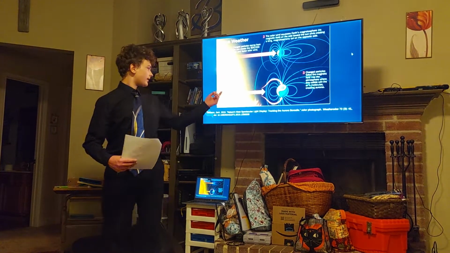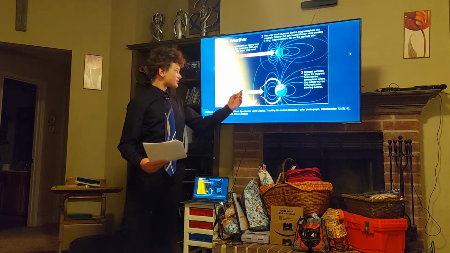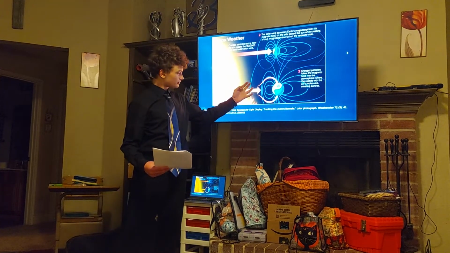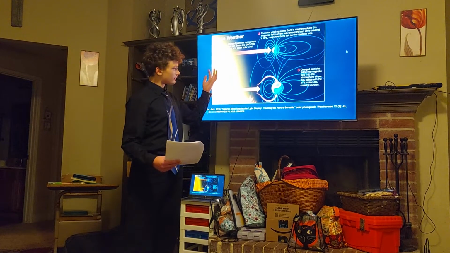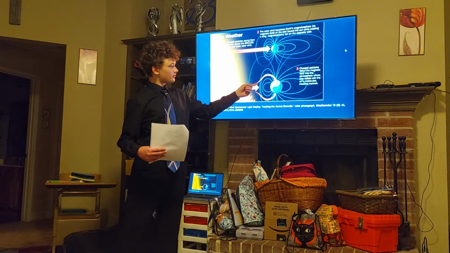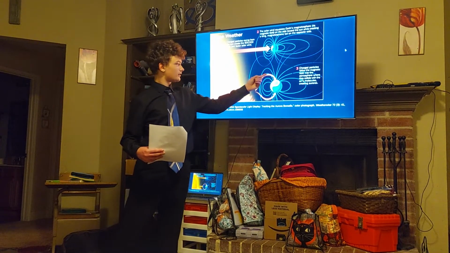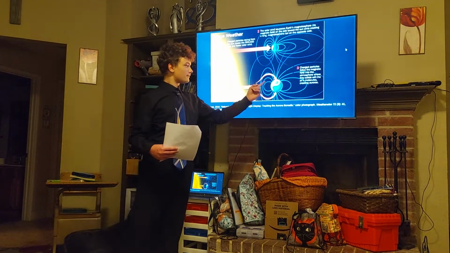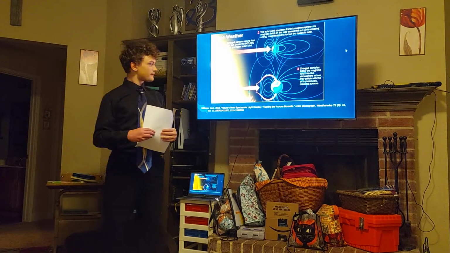This solar wind, as shown in the diagram, goes towards Earth, but then the magnetic field blocks it, so some of the particles just get pushed away, but then other particles follow, because they're electricity, they follow the magnetic lines of the Earth's magnetic field towards the poles.